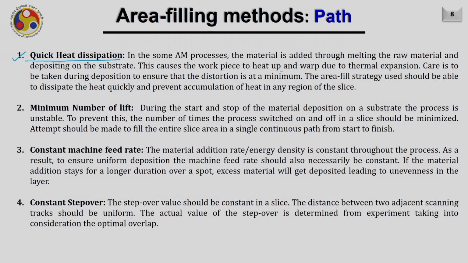Also, the tool path should have a minimum number of lifts. Lifts means the number of switch offs and ons. As you know, most of these additive manufacturing processes are inertia based, meaning some mass transfer is taking place. When the process starts or stops, in this transition phase, the deposition of the material is not stable.